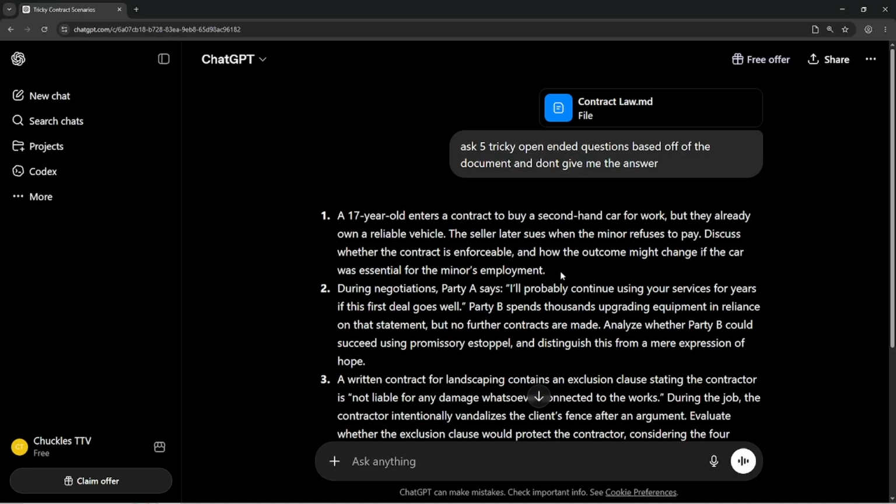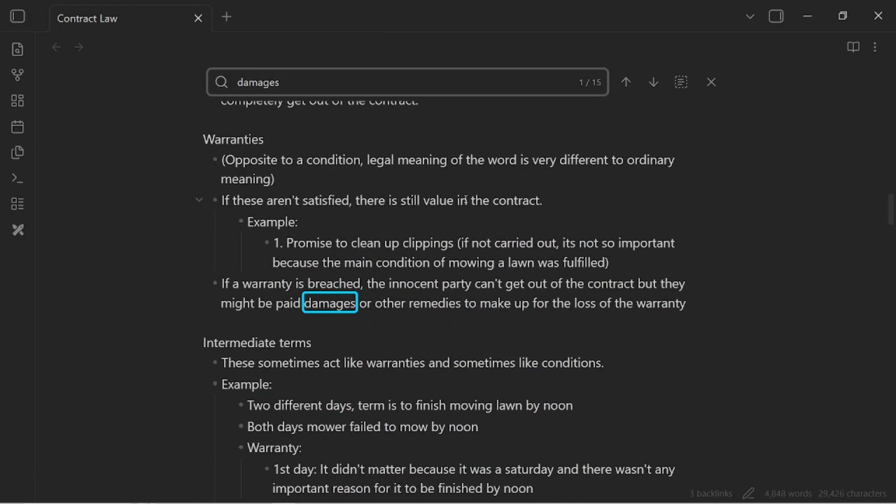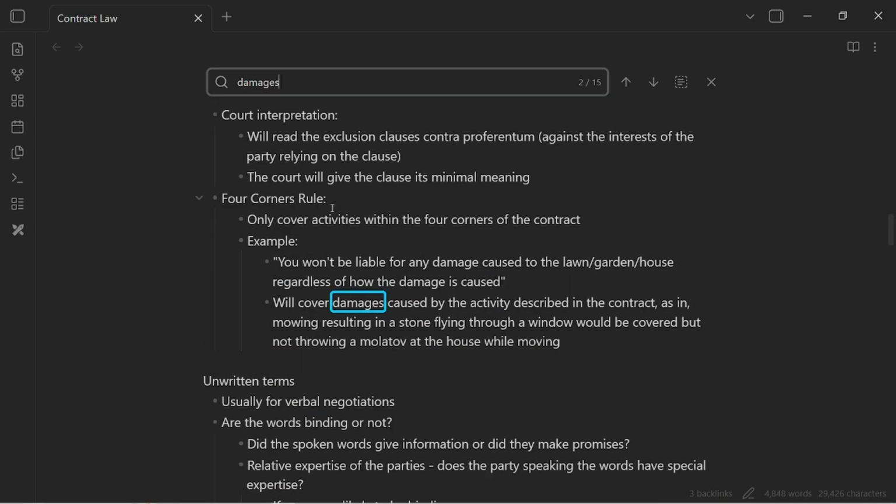then if the car was essential for the minor's employment and the seller doesn't give him the car, even if the minor refuses to pay, then there might be damages because the 17-year-old was going to be able to use it for work, right?